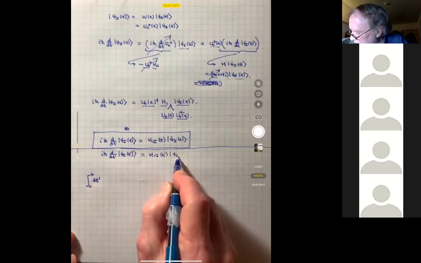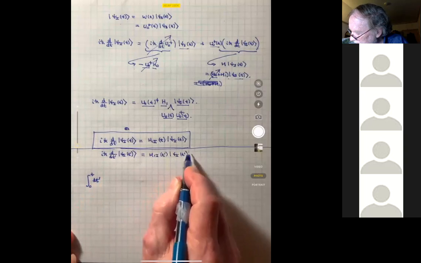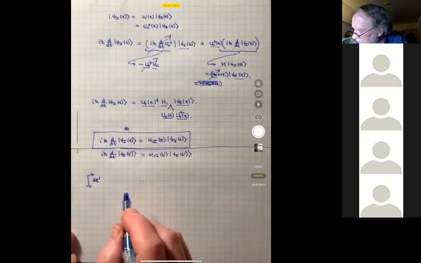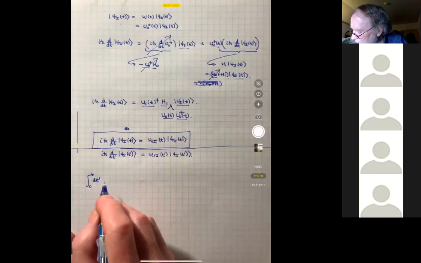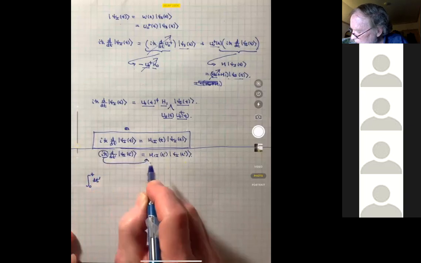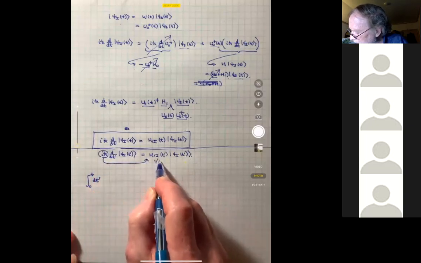psi interaction of t prime. Because now I can integrate with respect to t prime, integrating both sides. And by the way, let me do something else too. Let me take the i h bar over to the other side, whereupon it becomes a 1 over i h bar as a prefactor.